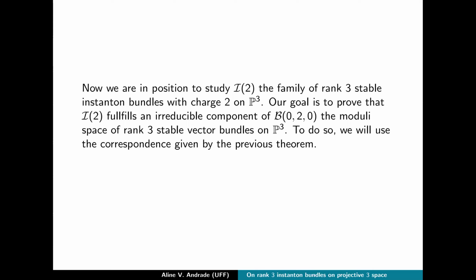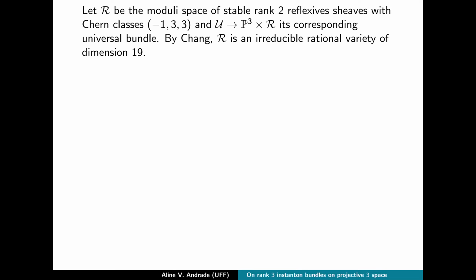Okay. And we will use this correspondence that I gave in the previous theorem. So let R be the moduli space of stable rank 2 reflexive sheaves with Chern classes -1, 3, 3. So we will use the universal bundle U, and by Chang, R is an irreducible rational variety of dimension 9 and 10. And we can consider the projection from P3 times R into the second coordinate.